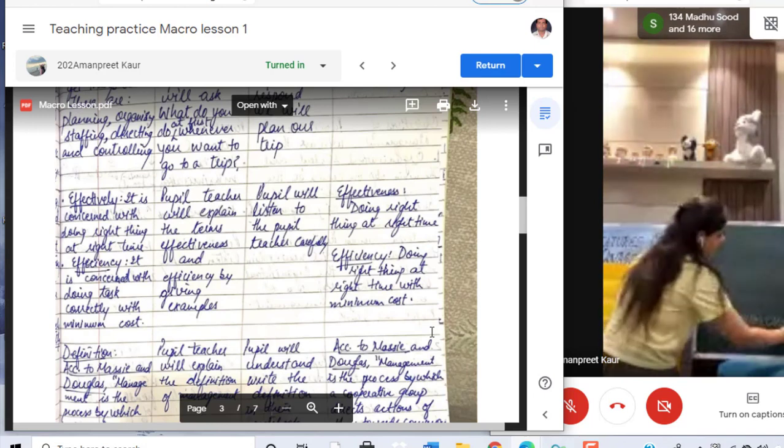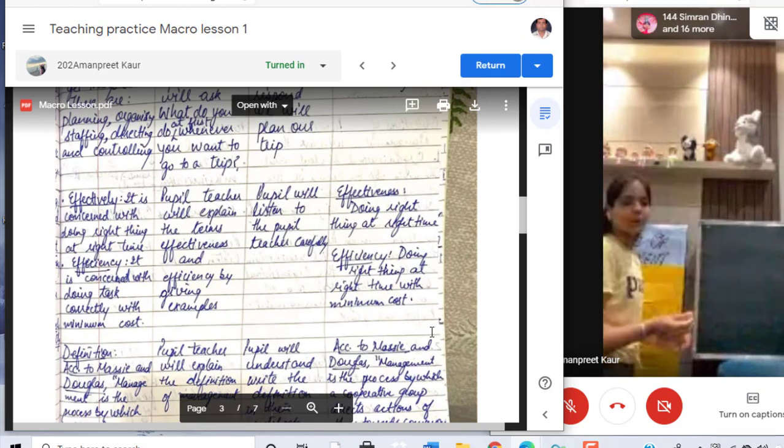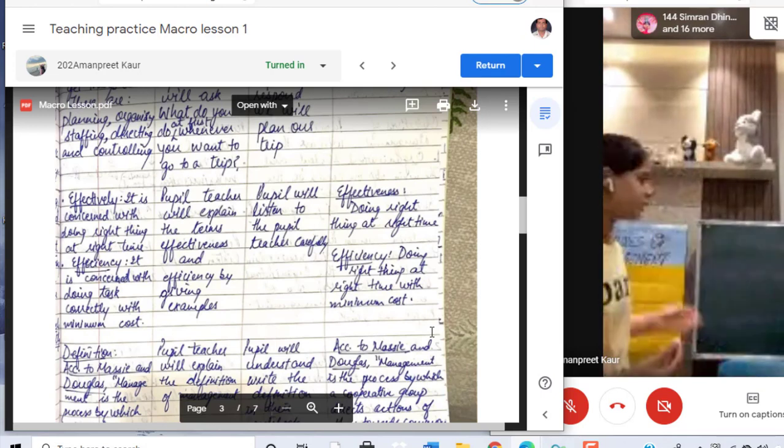Now we'll study one of the definitions of management. Open your notebook and write down this definition.